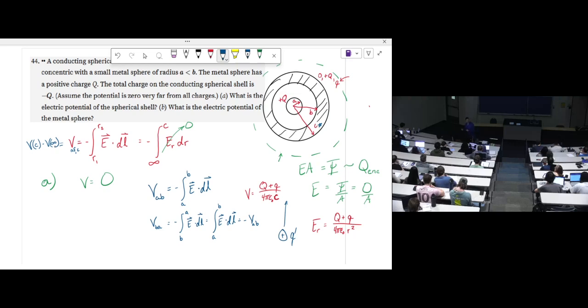The electric potential of the entire outer shell conductor is 0 because it's 0 at the surface. If we had followed the previous example of what if the charges were not equal and opposite, and we had gotten an electric potential here that was non-zero at the surface, then the entirety of the outer conducting shell would have this electric potential the whole way through it.